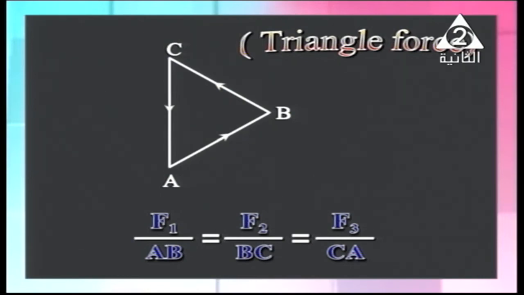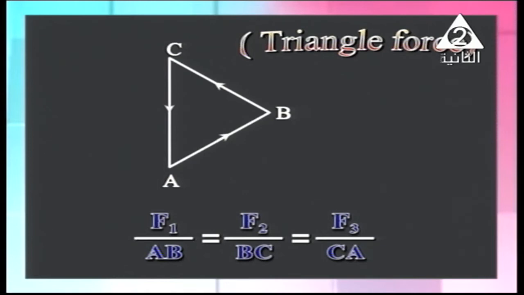Remember, my dear student, the line AB represents the F1 vector, BC represents the F2 vector, CA represents the F3 vector.